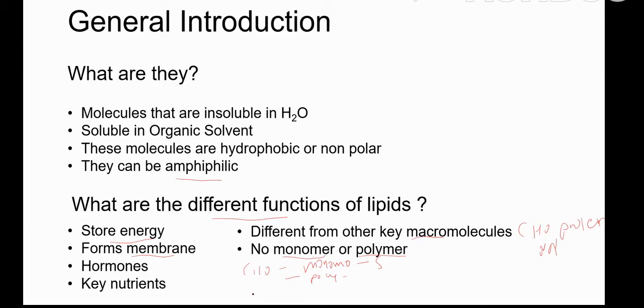In protein, the monomers are amino acids. Whereas in nucleic acid, the monomers are nucleotides. When you look at lipids, lipids have no monomer and no polymer.